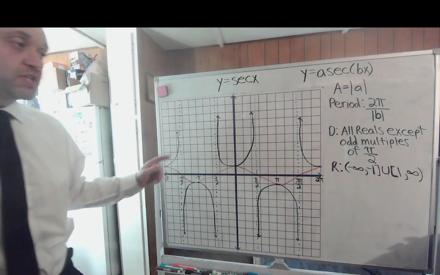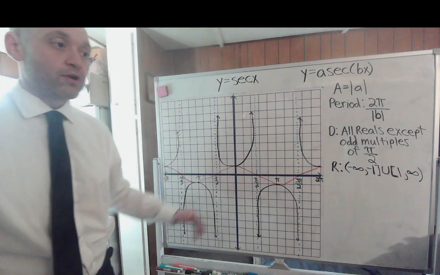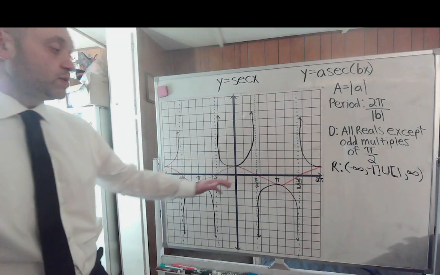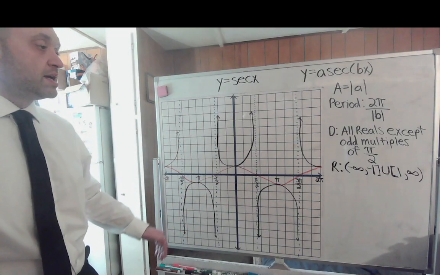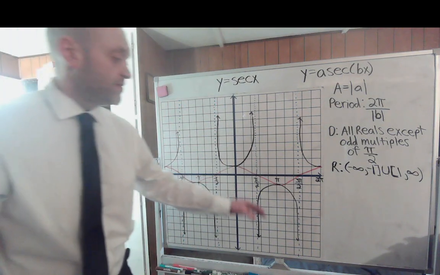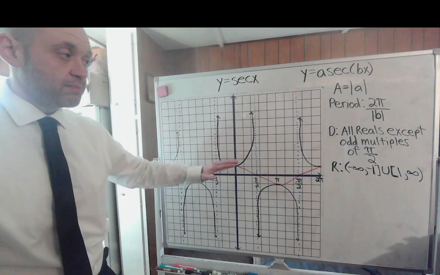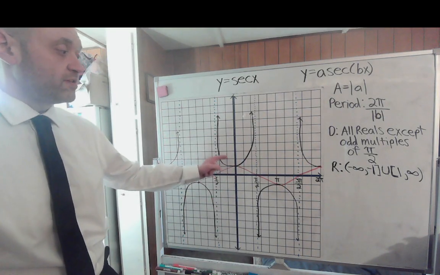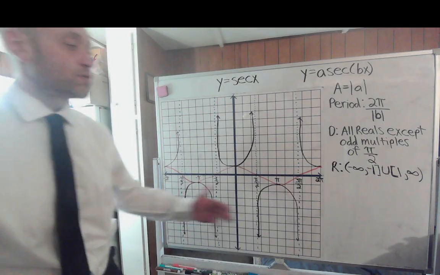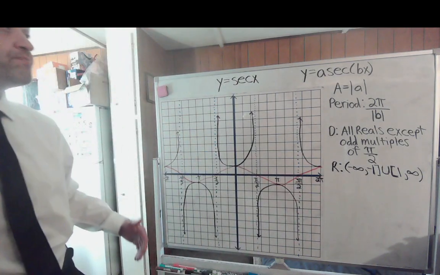The values between negative 1 and 1 are not part of the range. You won't get a value between negative 1 and 1. So it'll skip everything between negative 1 and 1. That is the range of the secant function.